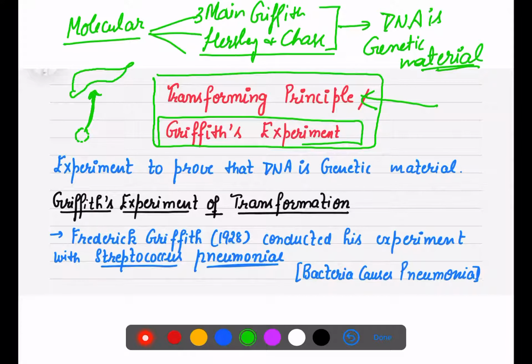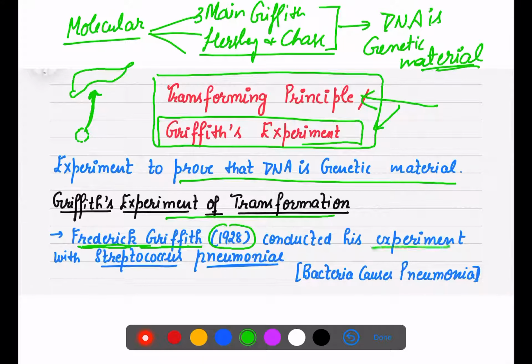So on the basis of this principle, Griffith's experiment is proving that DNA is genetic material. The Griffith experiment of transformation: the scientist Frederick Griffith, in 1928, conducted his experiment with Streptococcus pneumoniae.